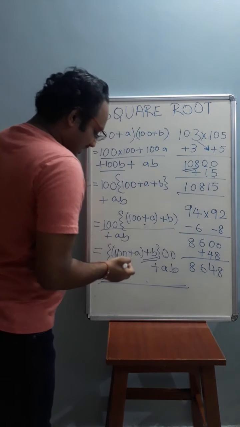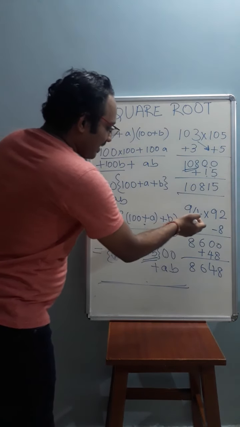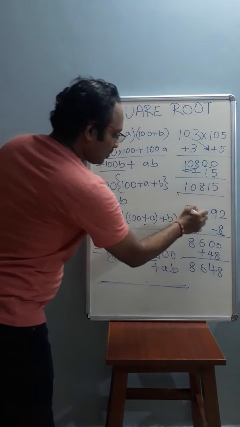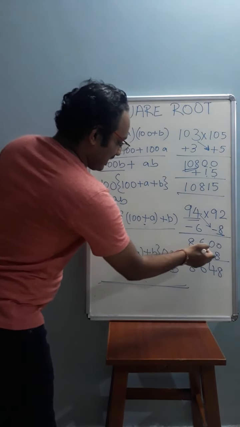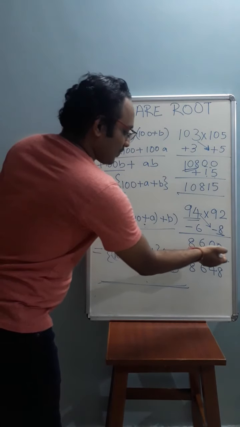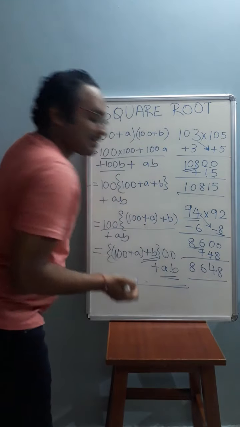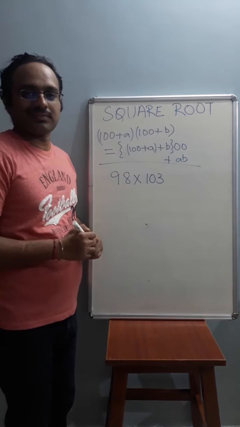Similarly, in this case, 100 plus A is 94, B is minus 8. When I do cross add, this is 100 plus A plus B, which is 86, into 100, that is 86 followed by 2 zeros, plus AB, that is 48, we get 8648. This is how the trick works.